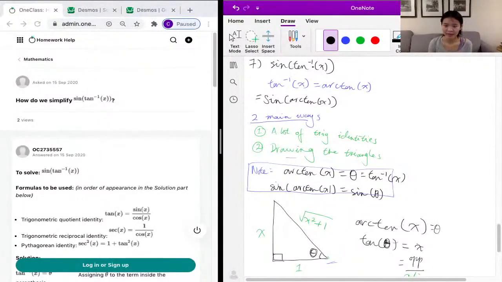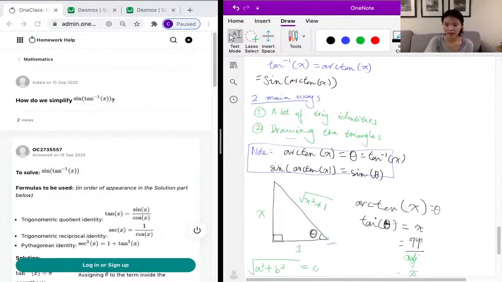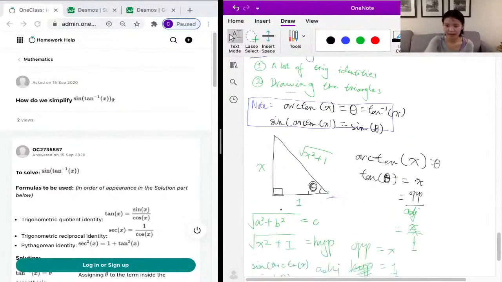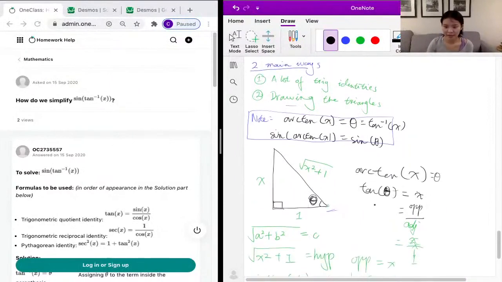We're trying to find the sine of that angle. Since the arctangent of x can be expressed as tan theta, which is x over 1, we fill in the triangle with x and 1.